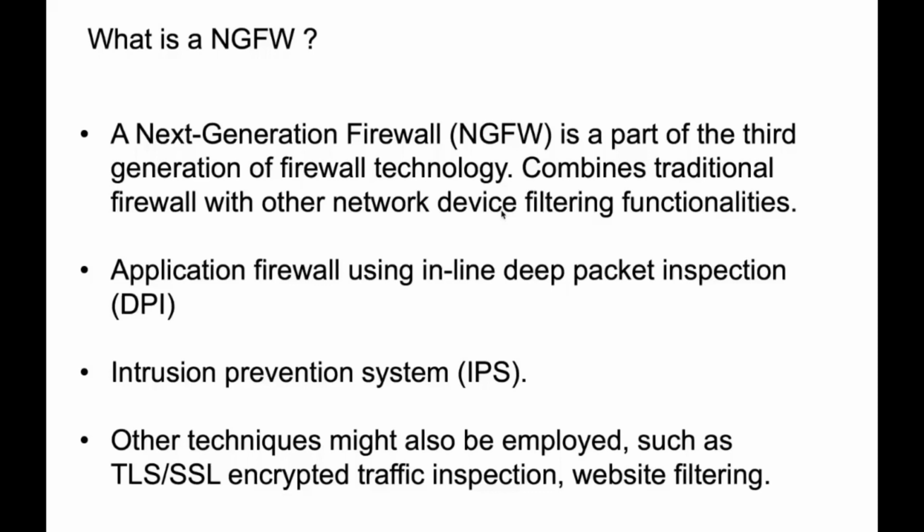Also, the next generation firewall is able to provide other services such as intrusion prevention system or IPS. They are also able to inspect traffic even if it's encrypted using SSL encryption, for example, SSL inspection. We're going to talk about them a little later in this session.